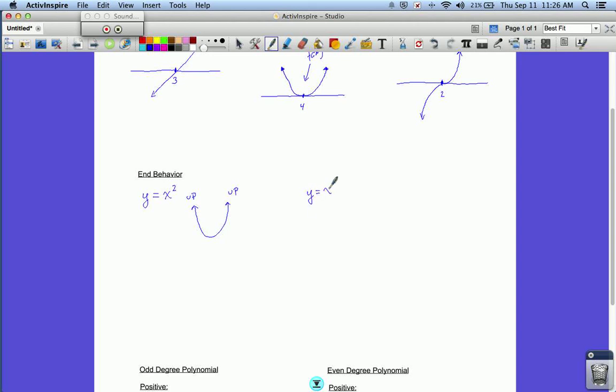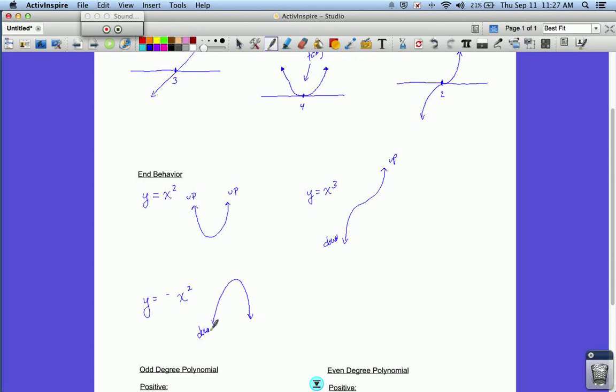Y equals x cubed, for instance, though, looks like this. It starts down and finishes up. So the way the ends behave is in a down, up variety, right? Always left to right. Let's take y equals negative x squared. That looks like this.